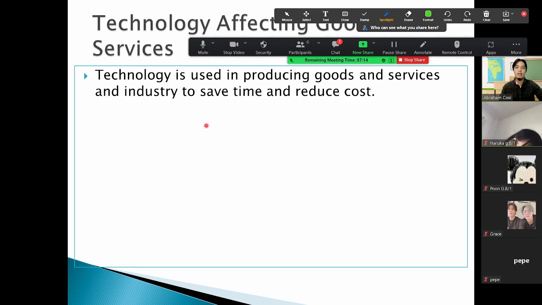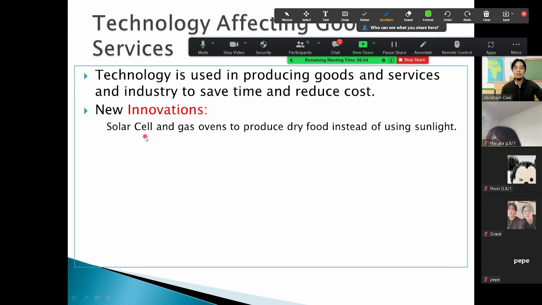Again, technology is used in producing goods and services in industry to save time and reduce cost. This is the purpose of technology in producing goods and services. We have new innovations like solar cells and gas ovens to produce dried food instead of using sunlight.